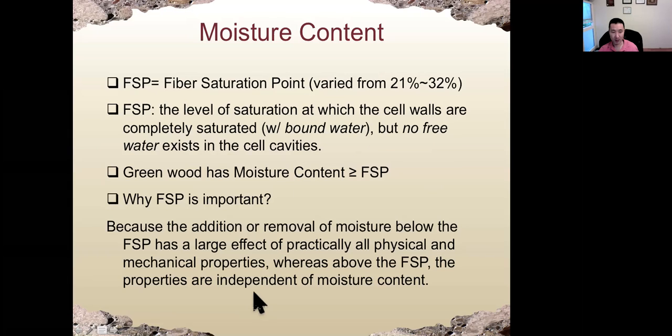Above FSP, we have a change in free water. And remember, from the previous slides, changing free water has no big effect on the mechanical and physical properties of wood. So remember that.